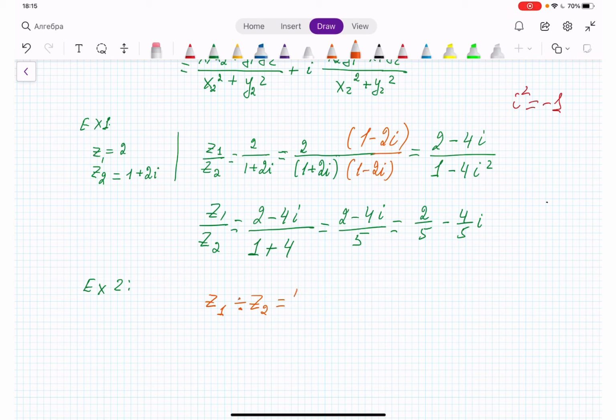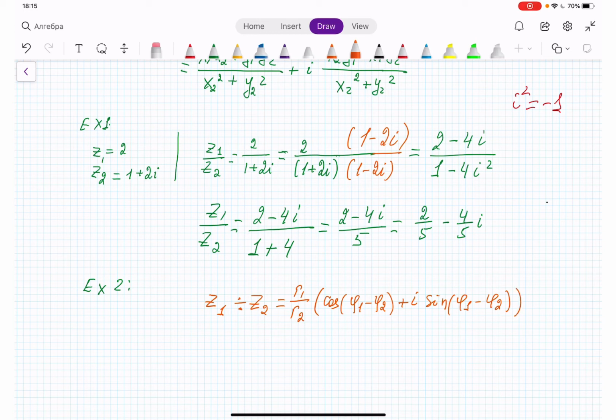r1 over r2. In parentheses we have cosine of phi1 minus phi2, plus i times sine of phi1 minus phi2.